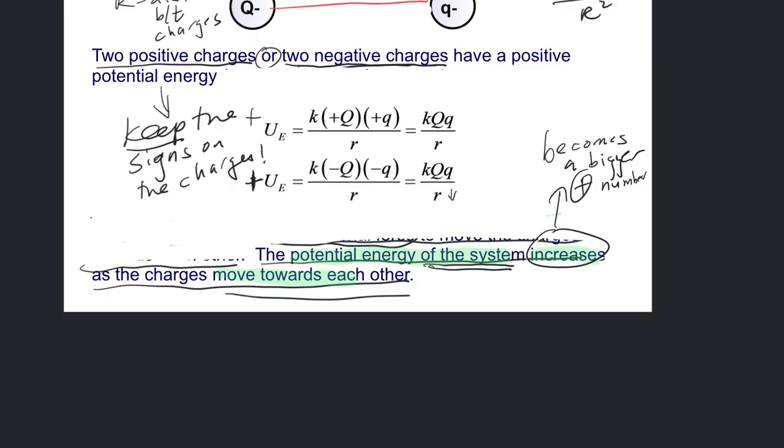So you can see that the electrical potential energy of a system of two like charges will increase if the objects get closer, as the r gets smaller.